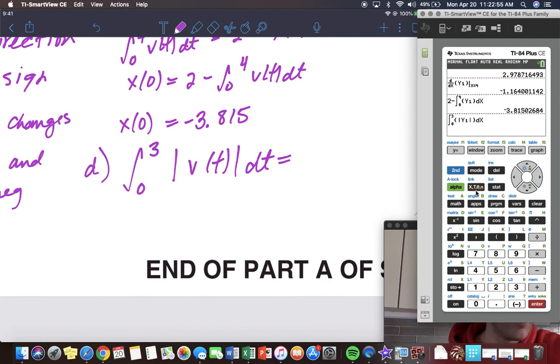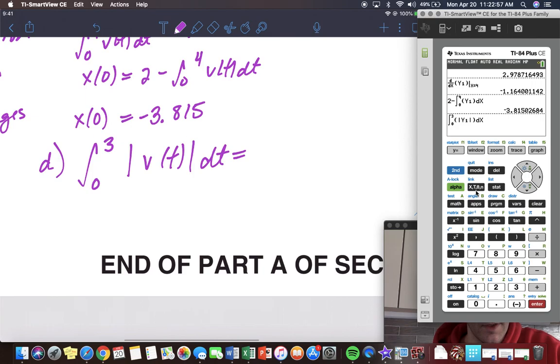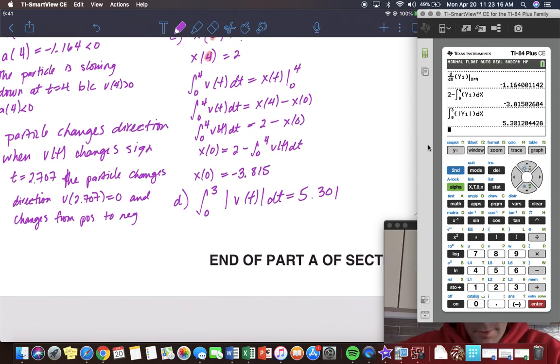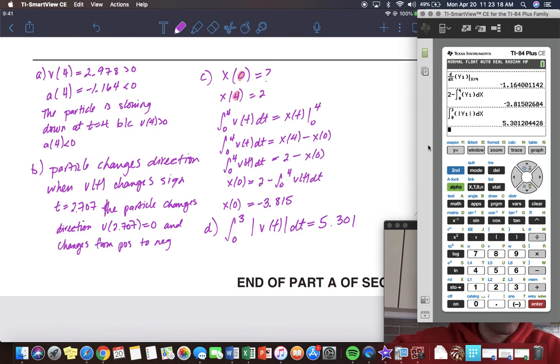Okay, give it a minute to calculate it, and we should get 5.301, maybe. Yep, 5.301.